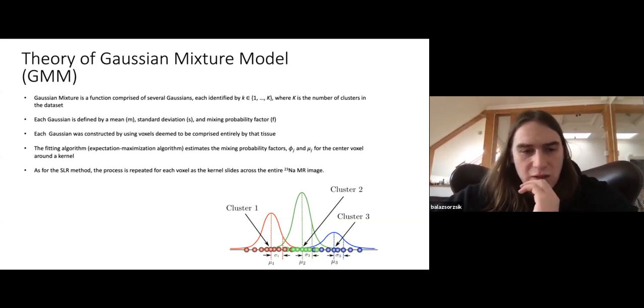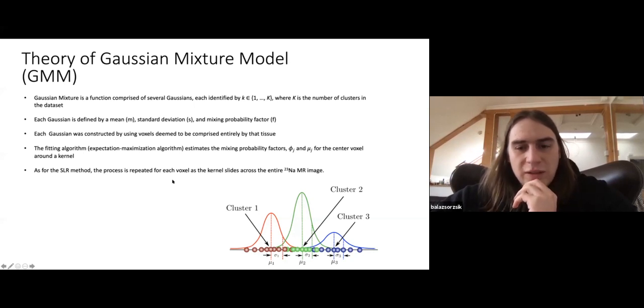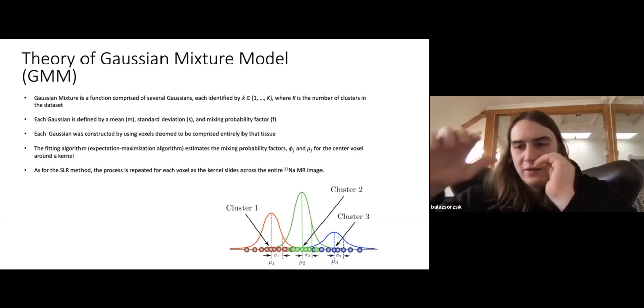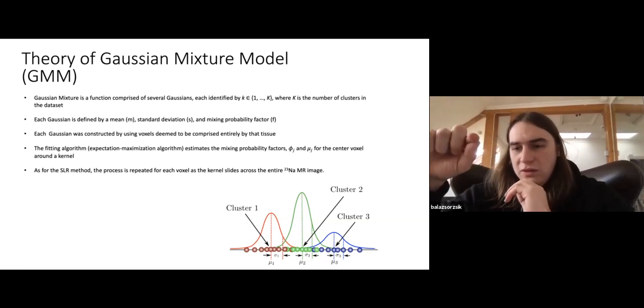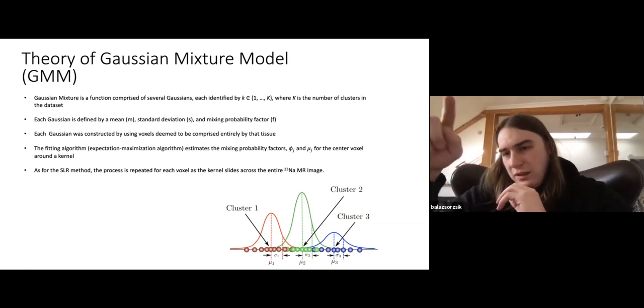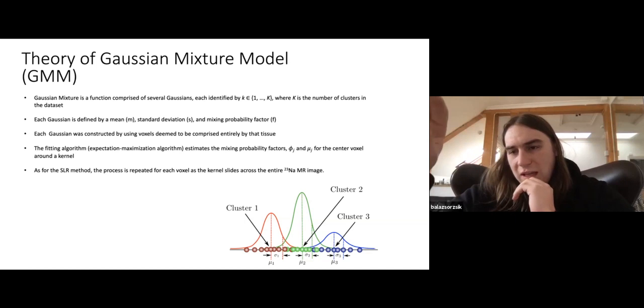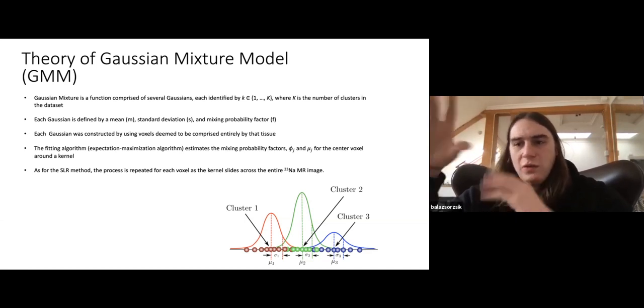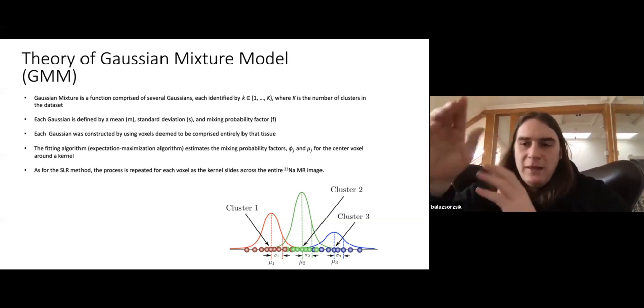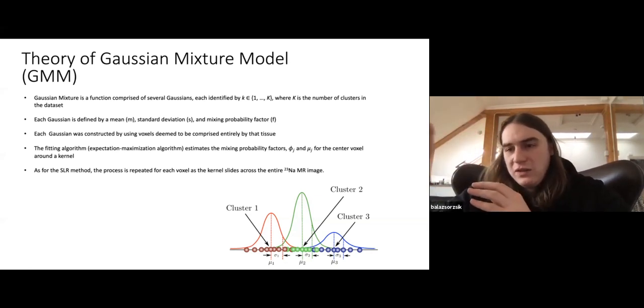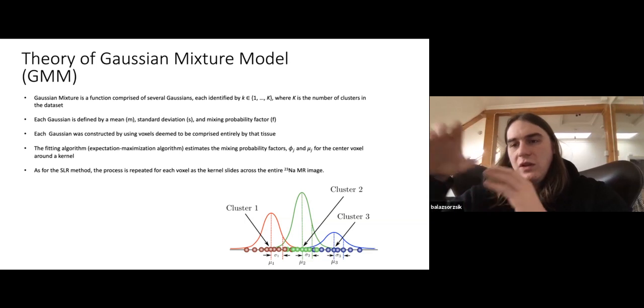And actually, similarly as in the SLR method, maybe I forgot to highlight this, but for the SLR, we go to a voxel and we build a kernel around it, and we get the equations for the regression from the kernel, and then we move to a neighboring voxel and build another kernel.